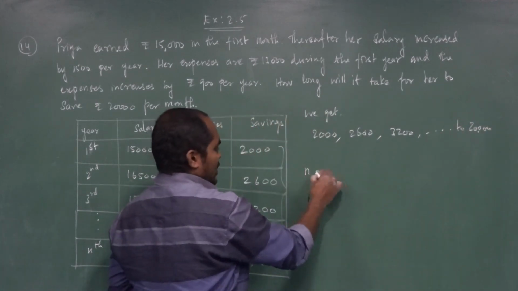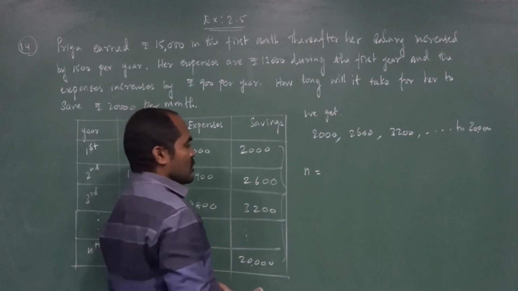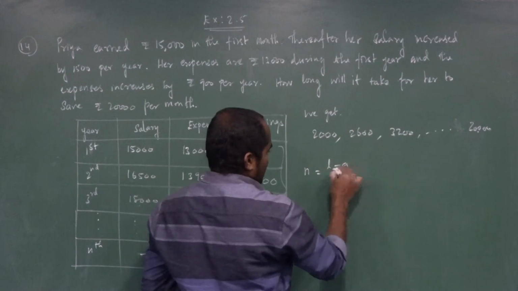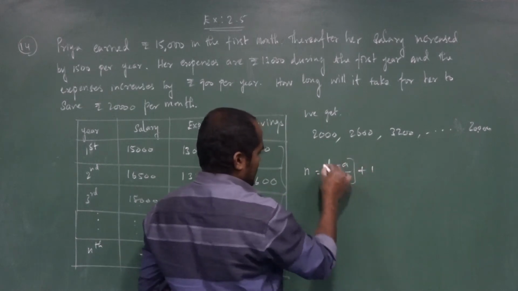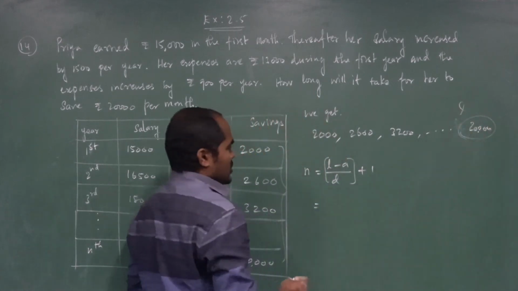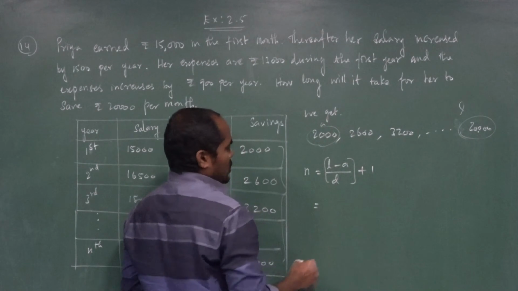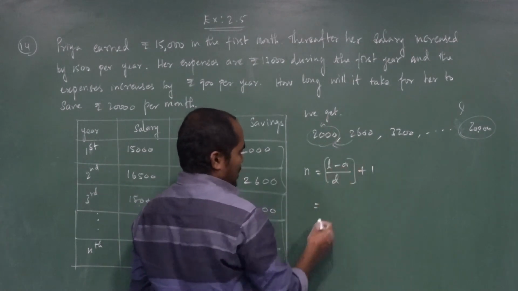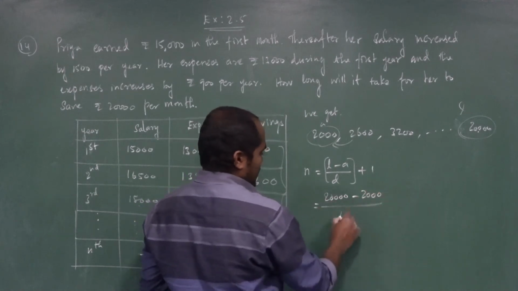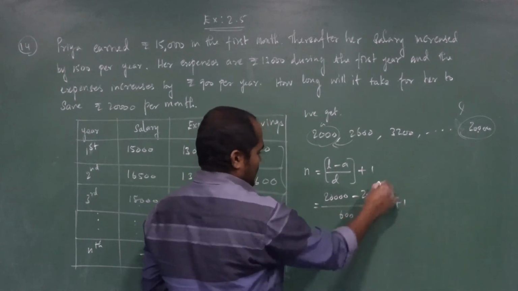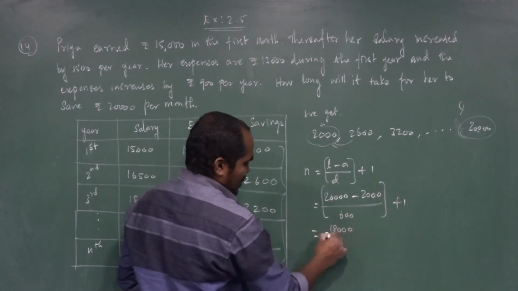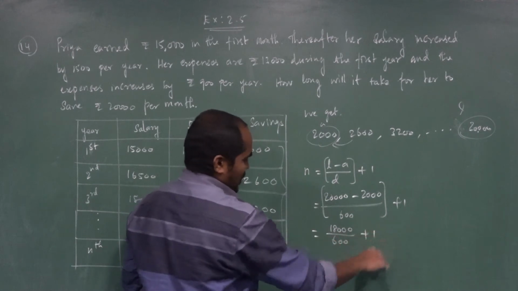So we have to find n, the number of terms. Number of terms means L minus A by D plus 1, right? Here the L value is 20,000, A value is 2,000 and difference is 600. So 20,000 minus 2,000 by 600 plus 1. 20,000 minus 2,000 is 18,000 by 600 plus 1.